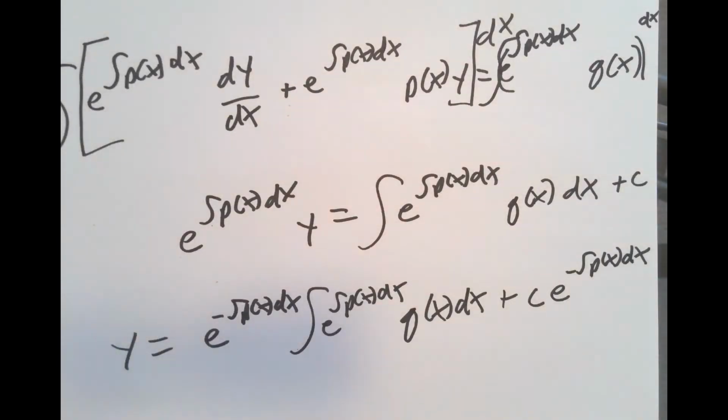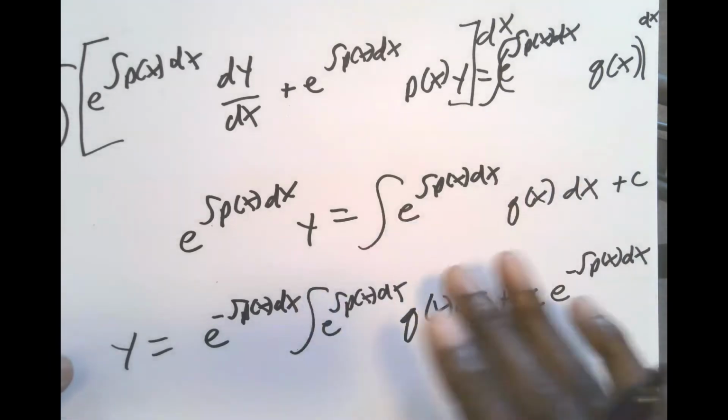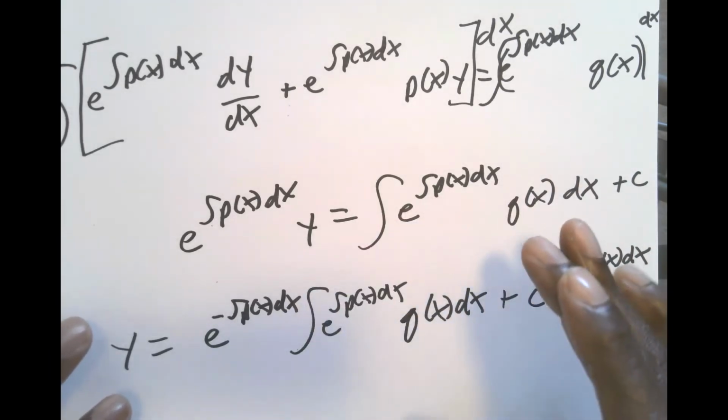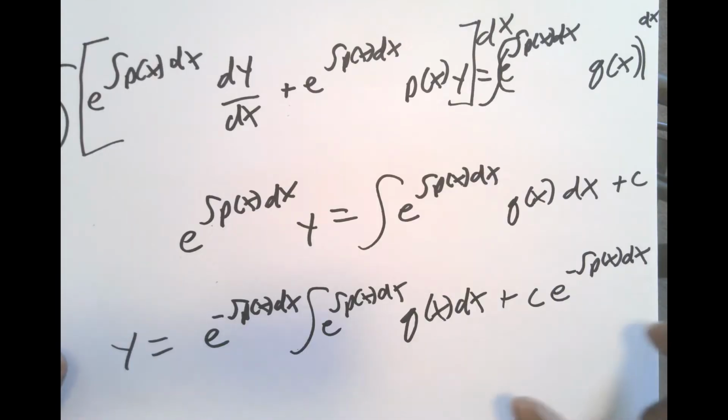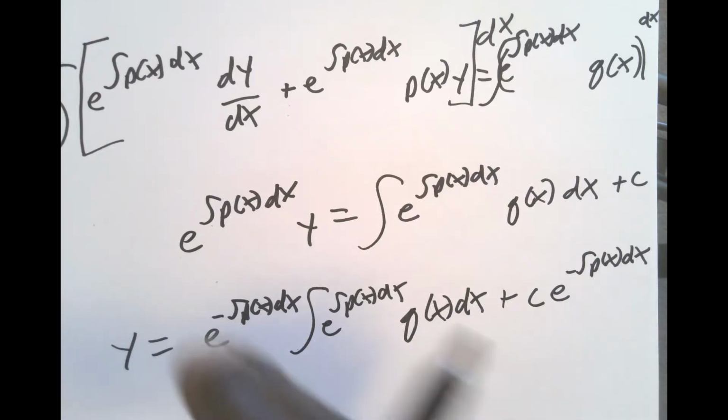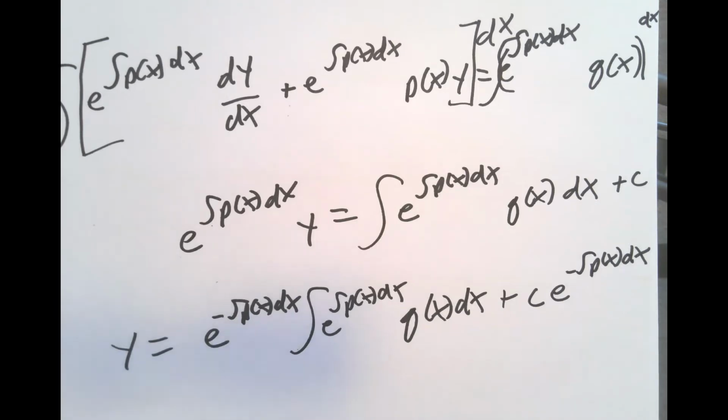Because what we'll do in practice, we kind of work this out here, but in practice we'll multiply by the integrating factor and then go ahead and integrate and solve the problem. So we won't use this formula here. We'll go through the process that we went through to get this formula, if that makes any sense.